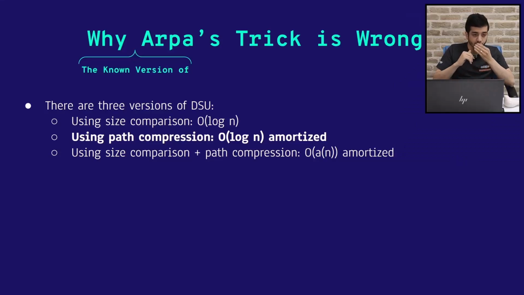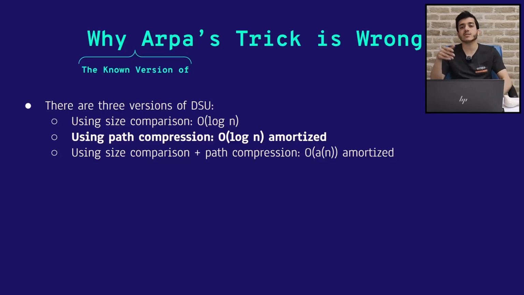There are at least 3 versions of DSU. First is using size comparison. You calculate which one is bigger and you connect the smaller to the bigger, right? This results in O(log n) per query and it's deterministic.